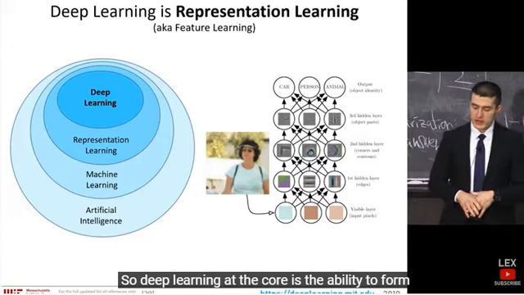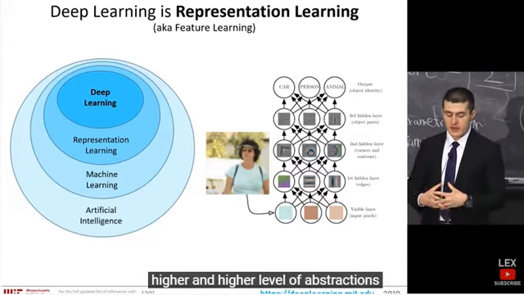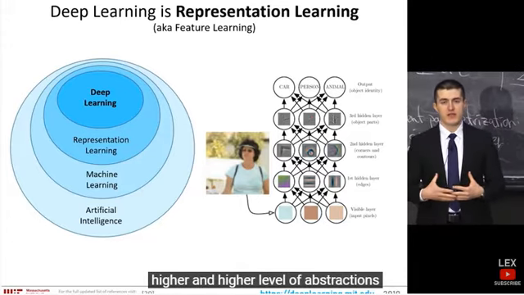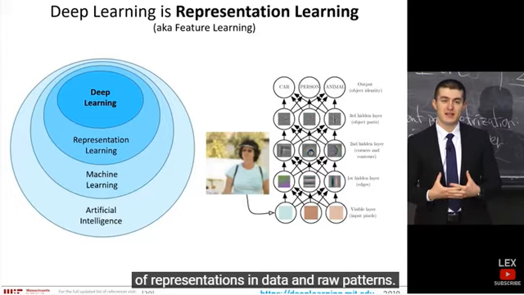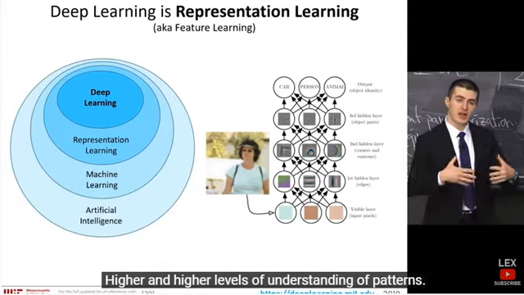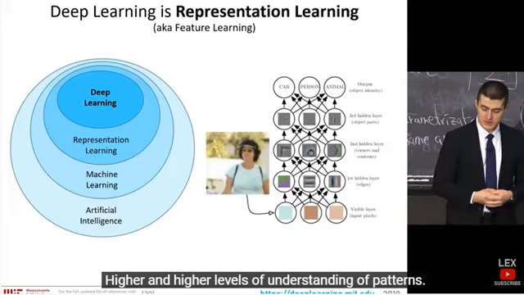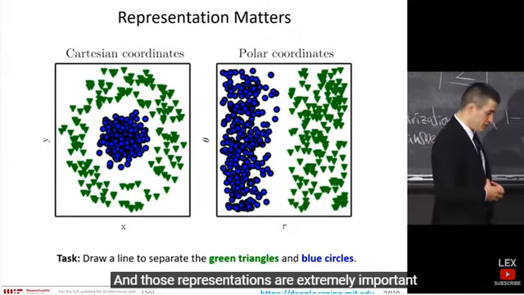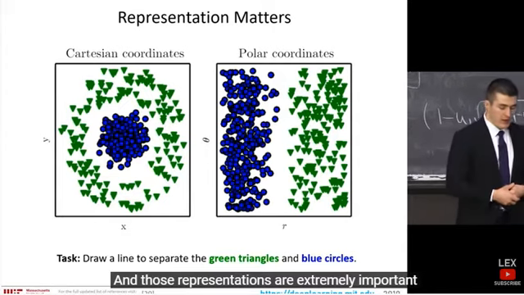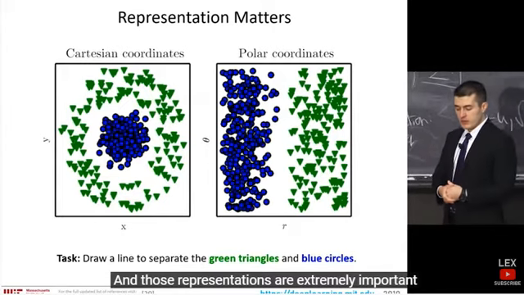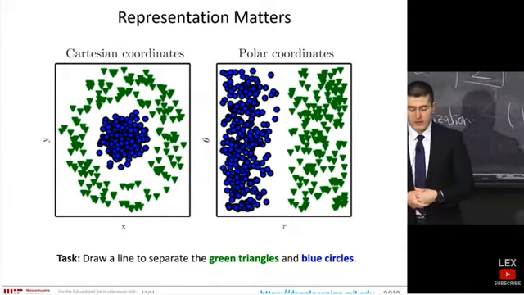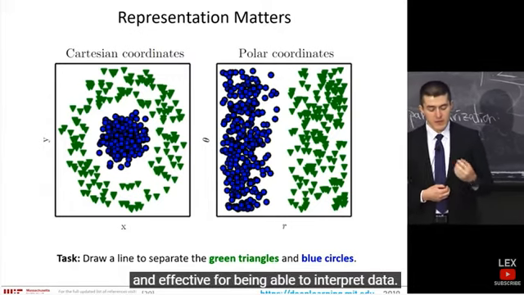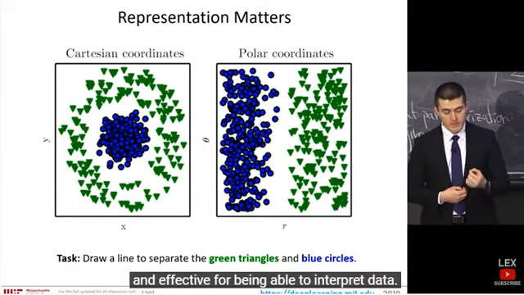So deep learning at the core is the ability to form higher and higher levels of abstractions, of representations in data, in raw patterns, higher and higher levels of understanding of patterns. And those representations are extremely important and effective for being able to interpret data.